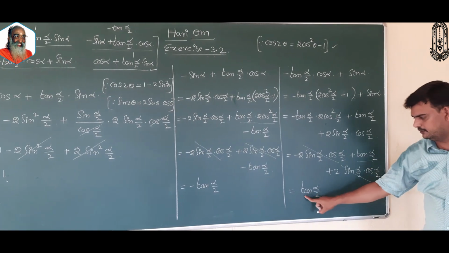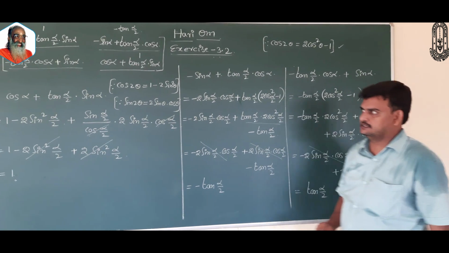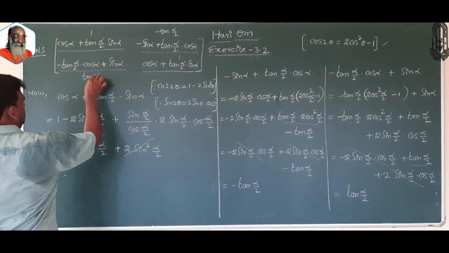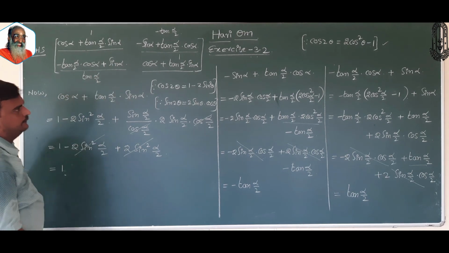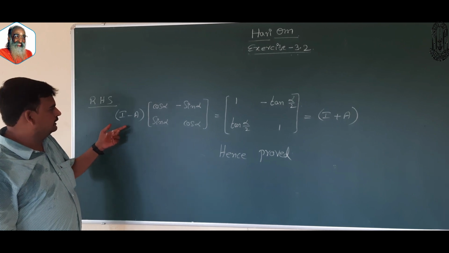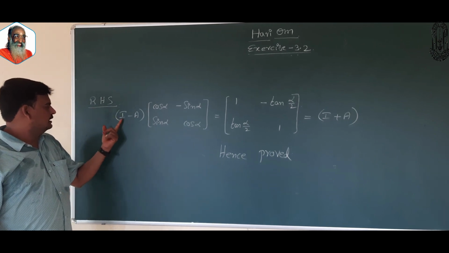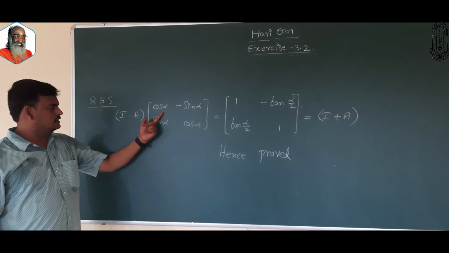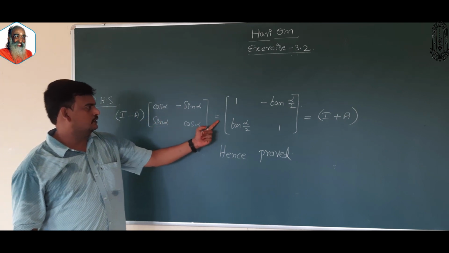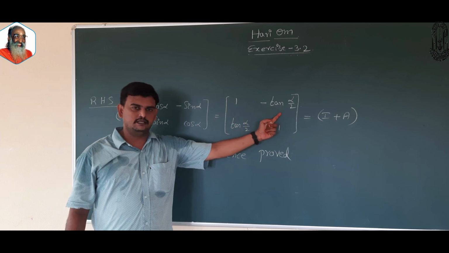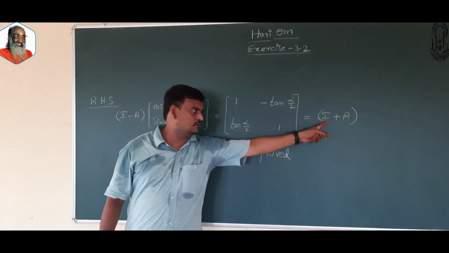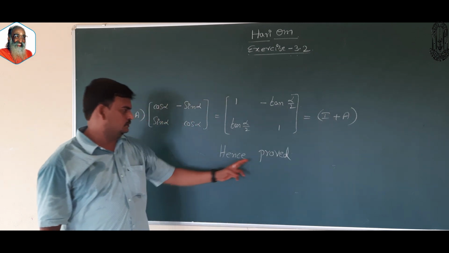Finally, the value we have is tan alpha by 2. So finally, our RHS: 1 minus tan alpha by 2, tan alpha by 2 and 1, which is nothing but equal to the LHS. So hence proved.